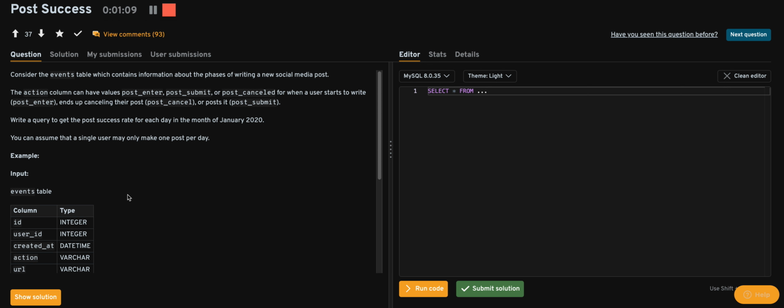So the question is, the post success rate is defined as the post submit divided by the total post, or divided by the total post enter.